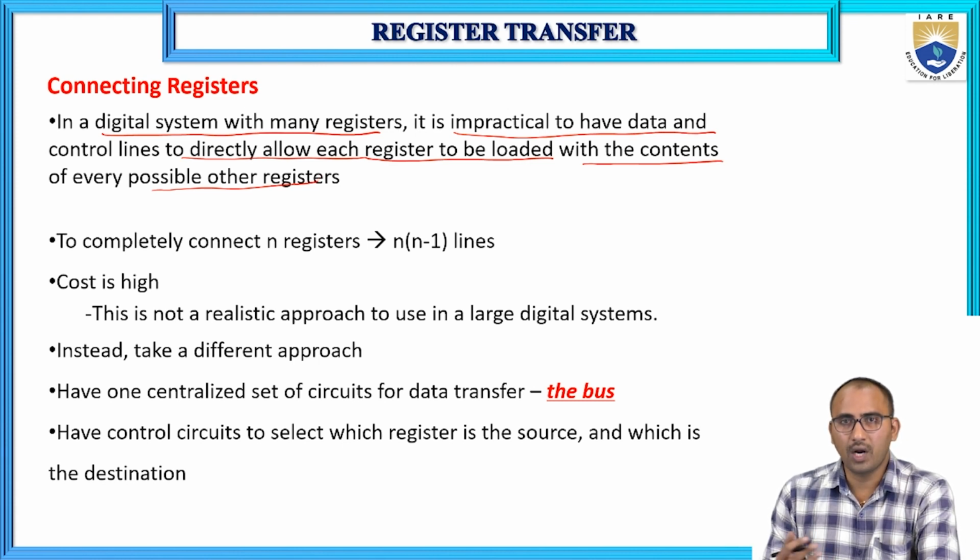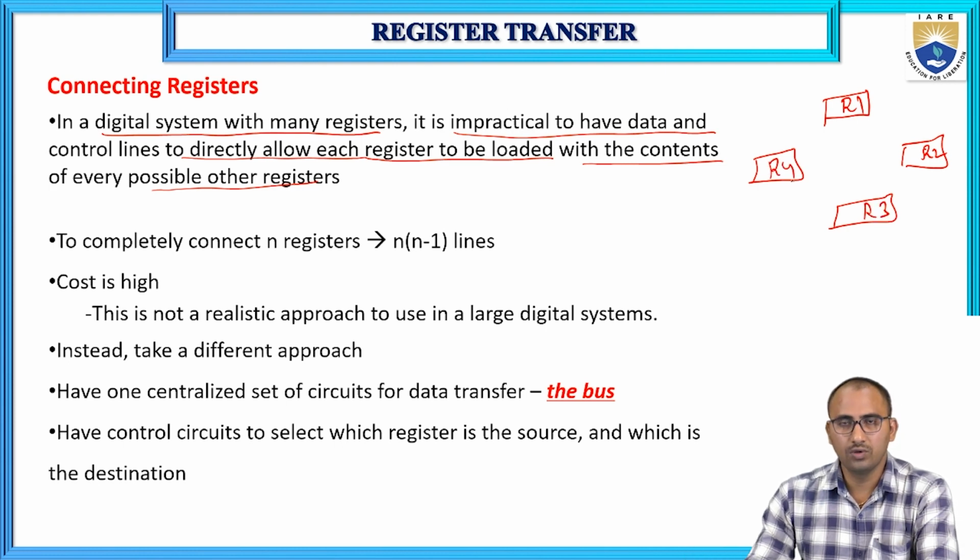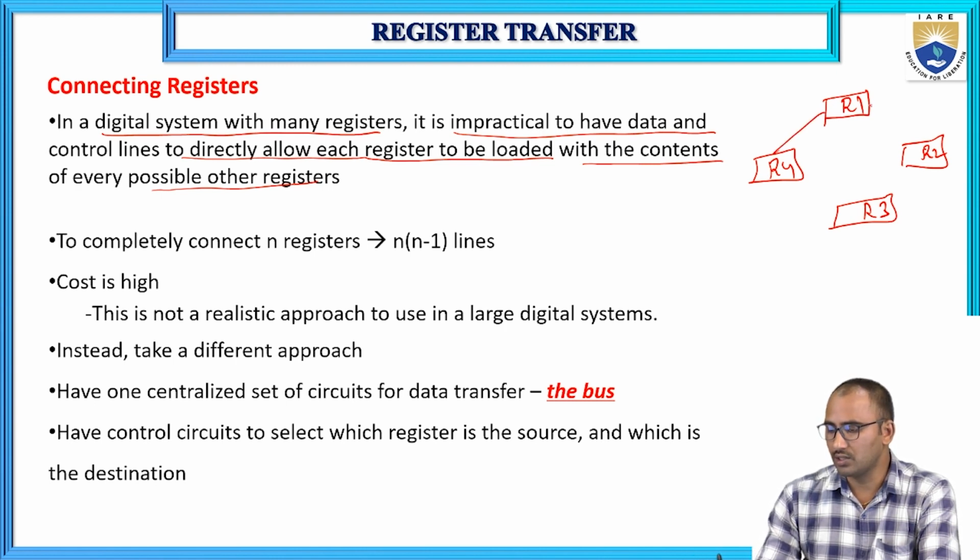Suppose we have 4 registers, R1, R2, R3, R4. It is impractical to connect every register with every other possible register, like this.